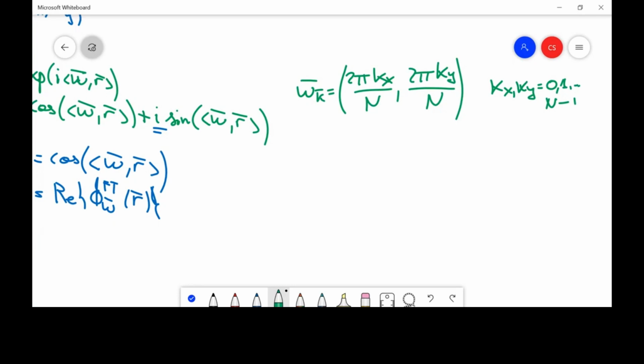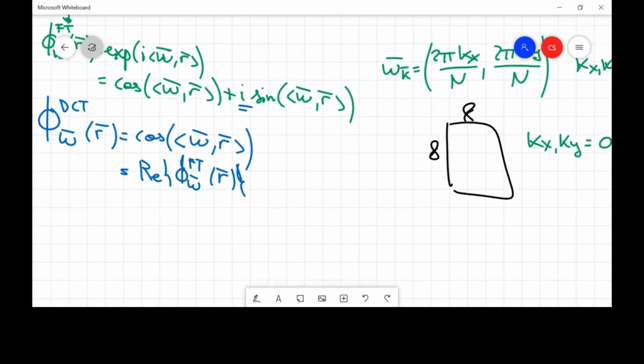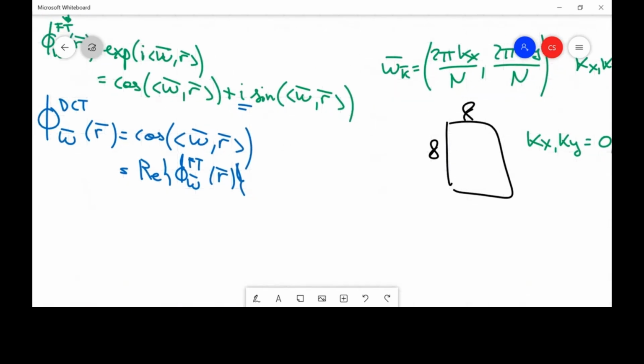So if you have patches of size 8 times 8, what are the possible values for kx, ky? They can go from 0, 1 to 7. And the same happens here: when you take the real part of that, the same happens.